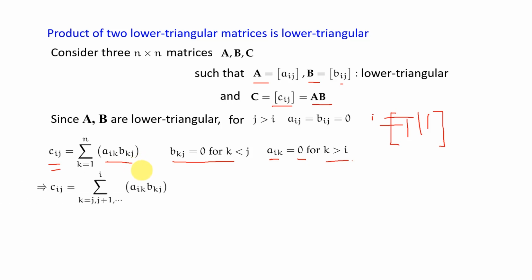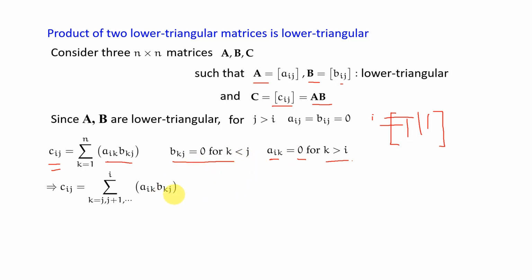Now when we take this into consideration, we see that Cij turns out to be the summation of k starting from j, j plus 1, j plus 2, all the way up to i, of Aik Bkj. Any other term that is coming will be 0. This is very important. You can see that if k is less than j, Bkj is 0.